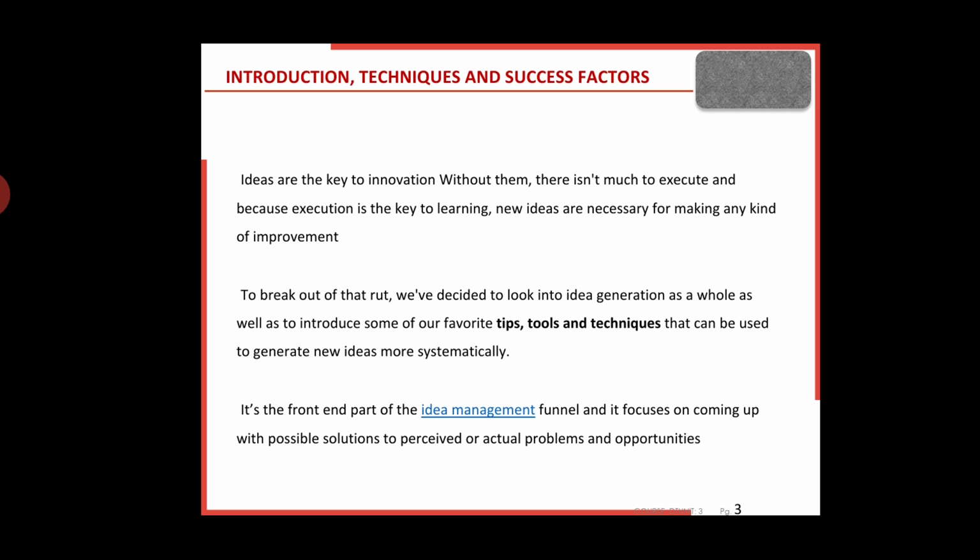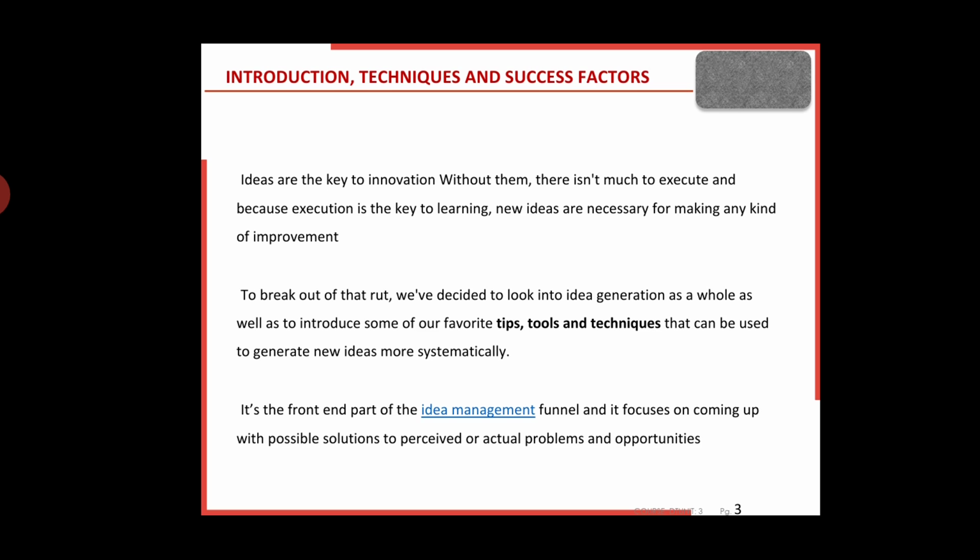Ideas are the key to innovation, in the sense of introducing something new. If you think of newly created products, the creation of a new thing is innovation.